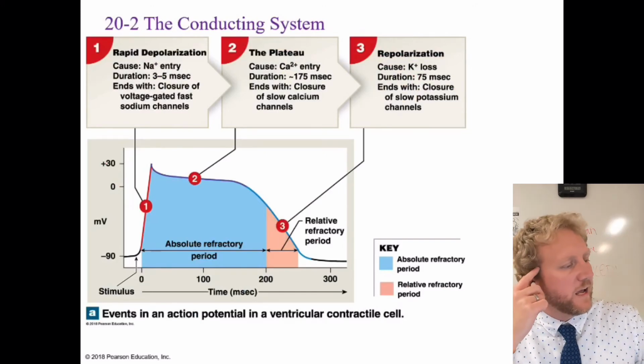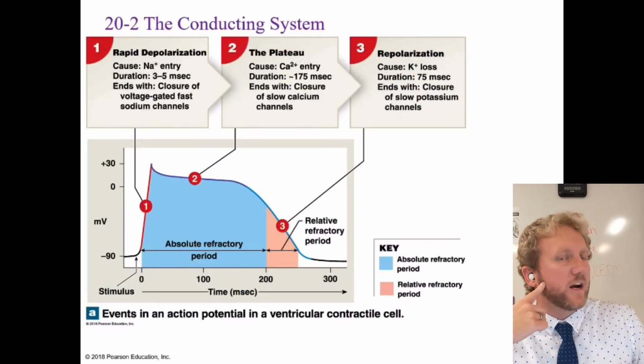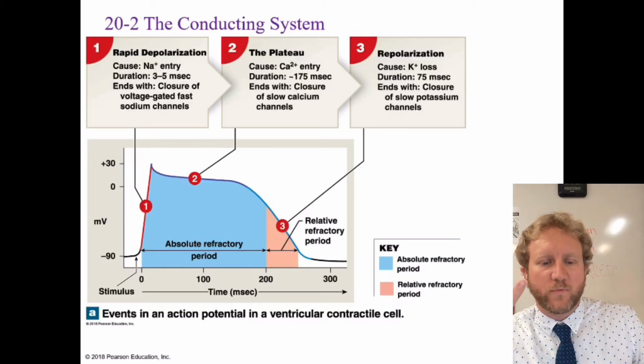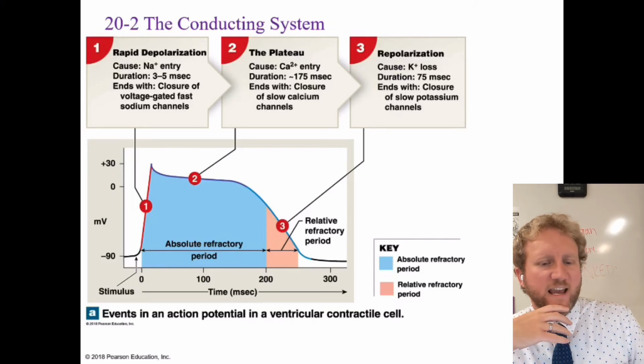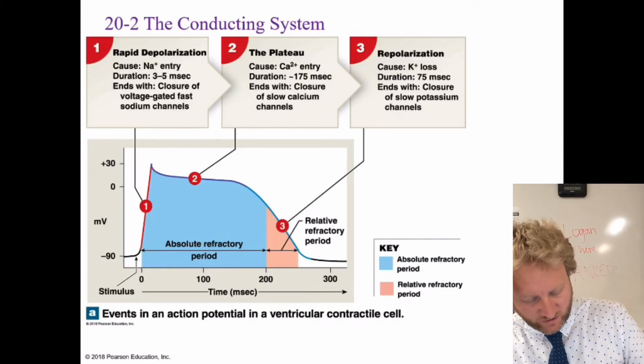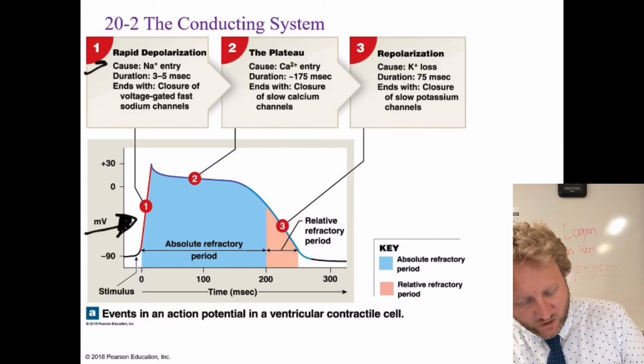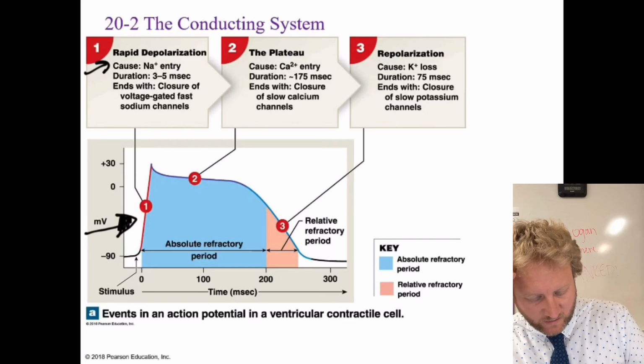So in cardiac contractile cells, the action potentials that take place are a little bit different than some of the other ones. They have rapid depolarization, as you can see right here, caused by rapid sodium entry into the cells.